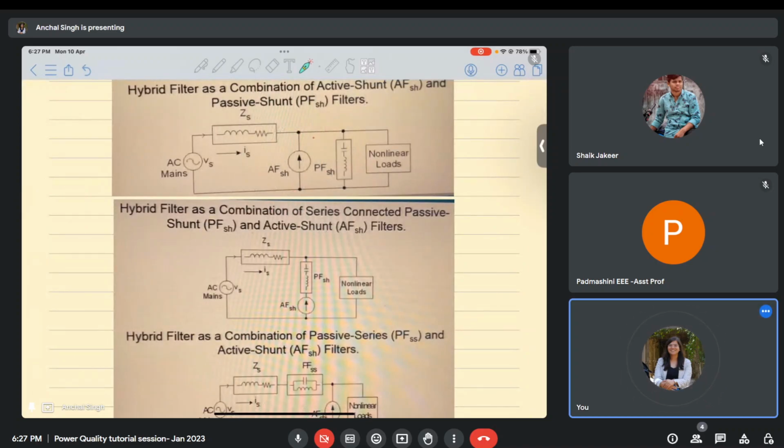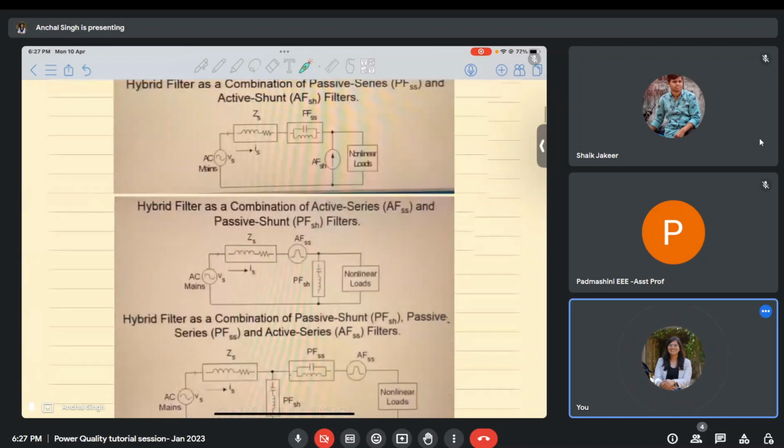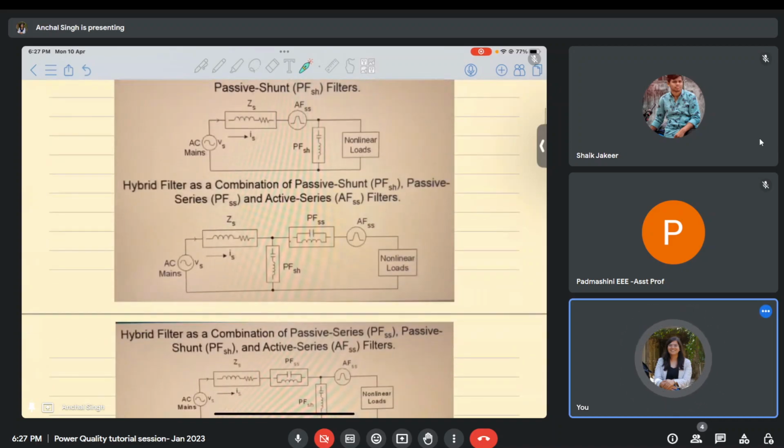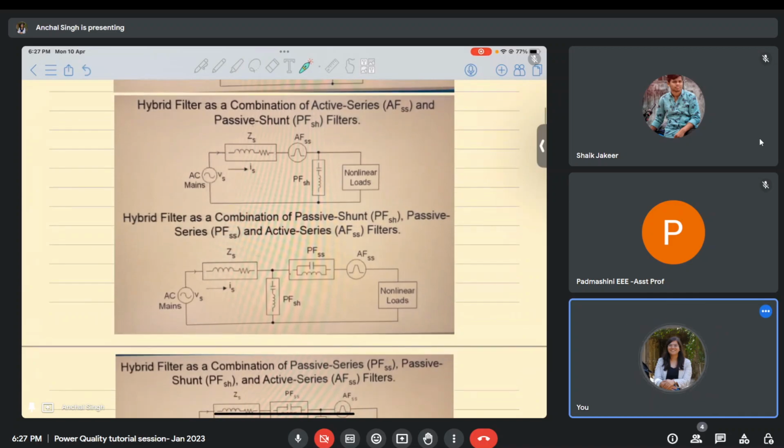So there are n number of combinations that are possible. You can never have the complete analysis or the list of all these. Any kind of combination that involves a passive filter along with an active filter, or a combination of multiple passive filters or multiple active filters, is called a hybrid filter.